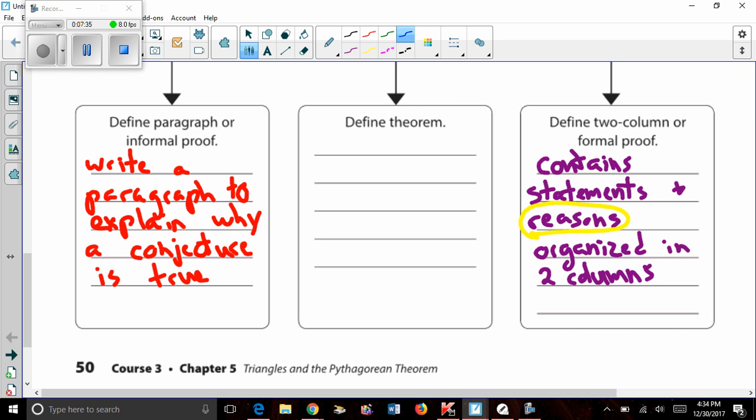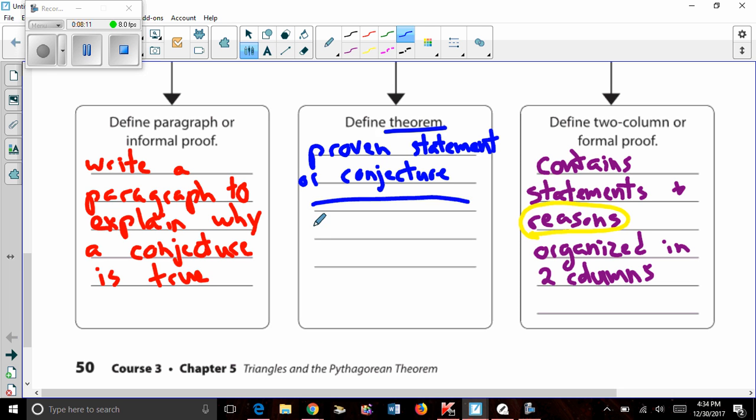To do that, we're going to use what we call theorems. A theorem is a proven statement or conjecture, so any proven statement or proven conclusion. And a part to add to this is it can be used to justify statements in other proofs.